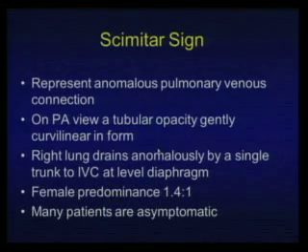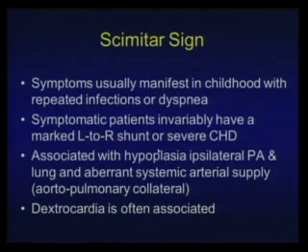Okay, Scimitar sign is another sign that can be seen in cases of anomalous pulmonary venous connection extending from the hilar region on the right side and ending at the level of the superior aspect of the inferior vena cava. It's much more common in females, and normally the patients are asymptomatic. When there are some symptoms, those are related to infectious processes or dyspnea.